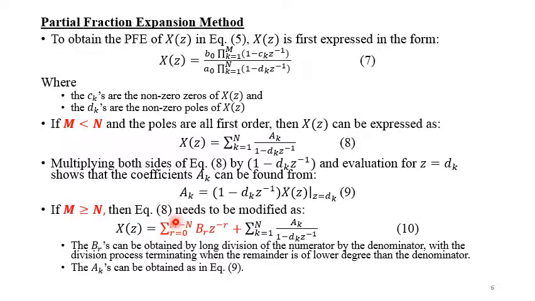That's why we use this extra term here, the sum of br z to the power minus r, and then we have plus this one, right? The br's can be obtained by long division of the numerator by the denominator, with the division process terminating when the remainder is of lower degree than the denominator. That means we will do it until we get an expression where the numerator has lower degree than the denominator. So here long division is involved.